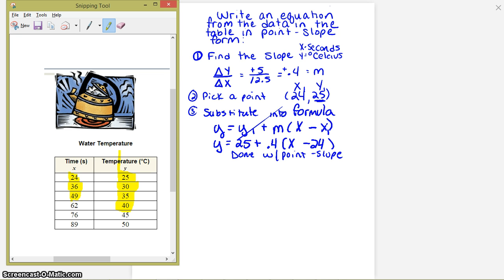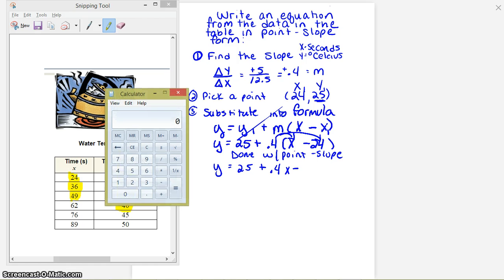So, I'm going to distribute. y equals 25 plus 0.4x, that's the first part, and then minus 0.4 times 24.